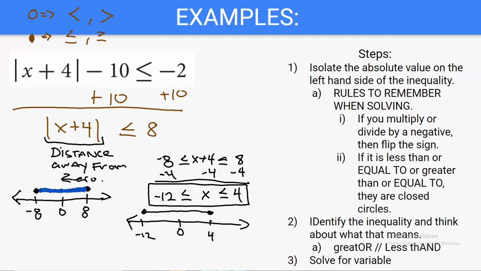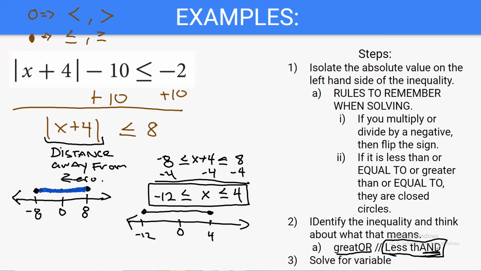Now, if you look at number 2, the step number 2. This is a shorthand of what you guys need to know. If you isolate the absolute value on the left-hand side of the equation, right? And the symbol is less than, then it's going to be an and statement.